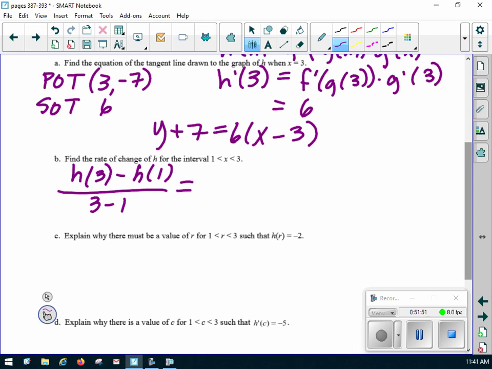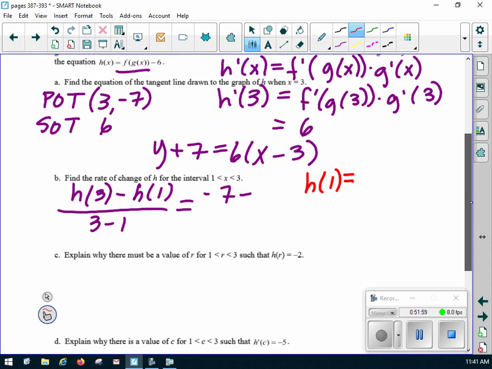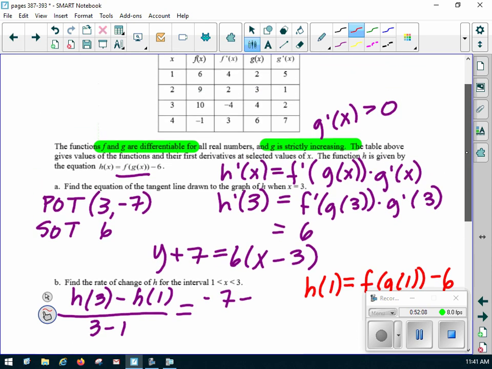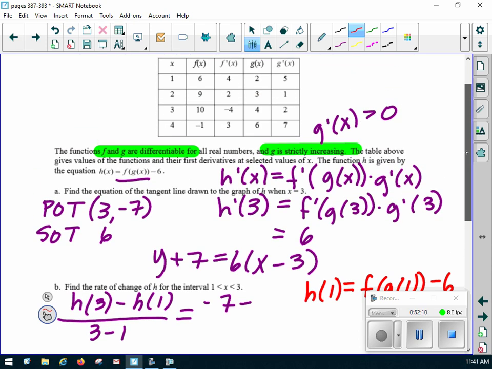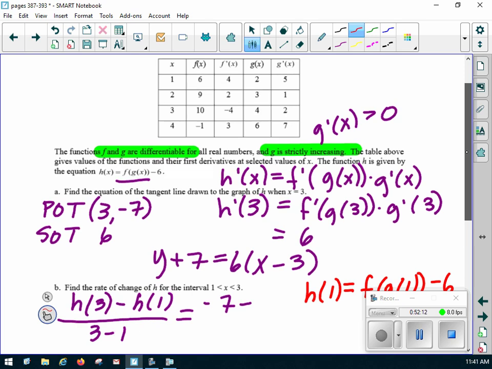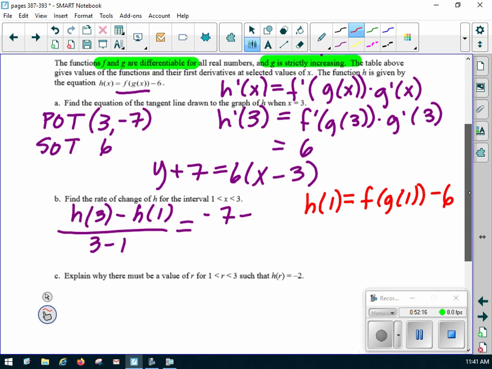Well, I know what h of 3 is. What's h of 1? h of 1 is f of g of 1 minus 6. All right. g of 1 is what, 2? f of 2 is 9. 9 minus 6, 3.